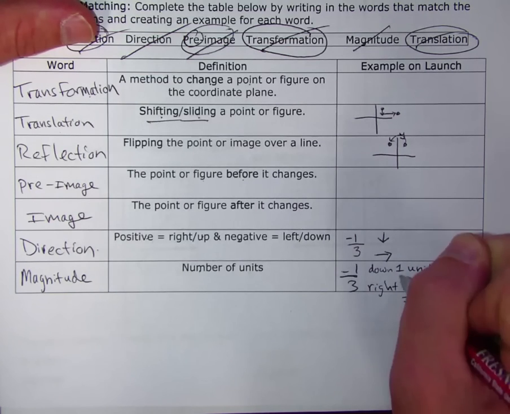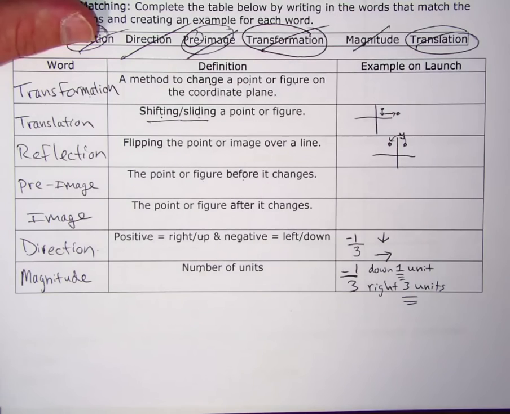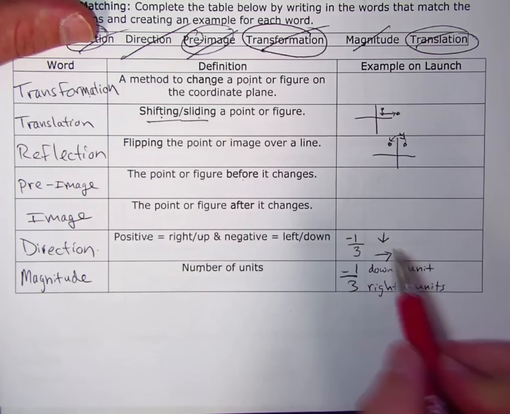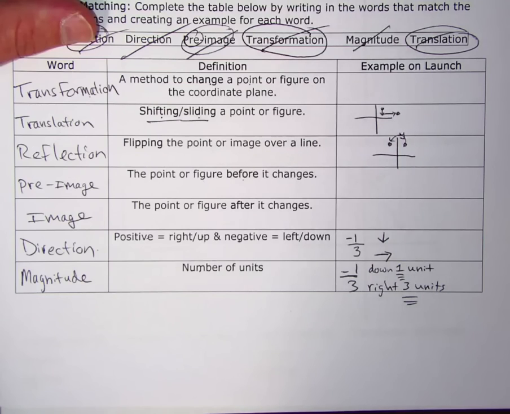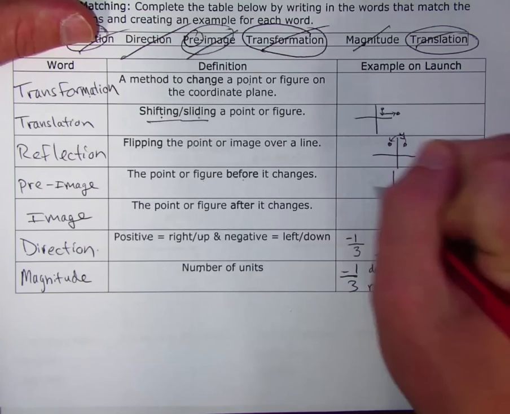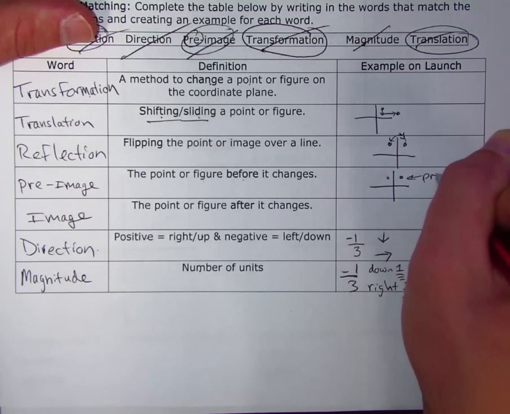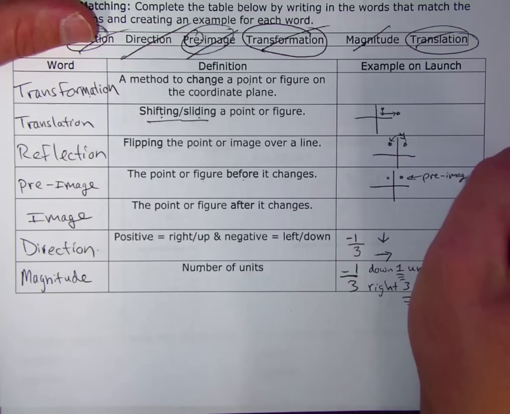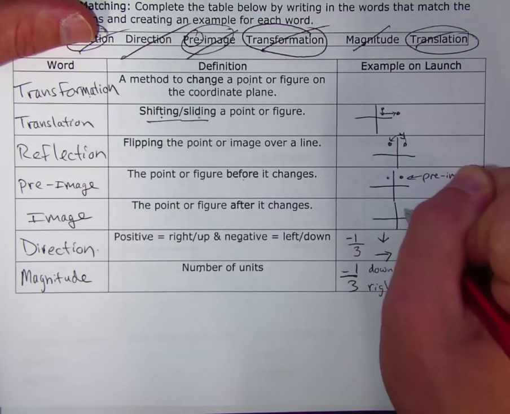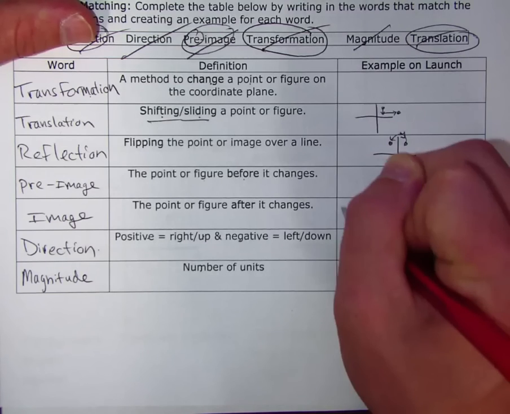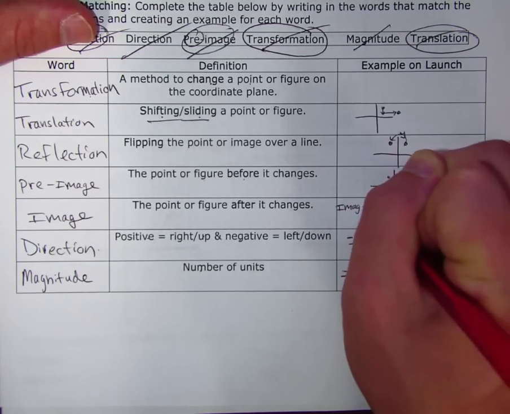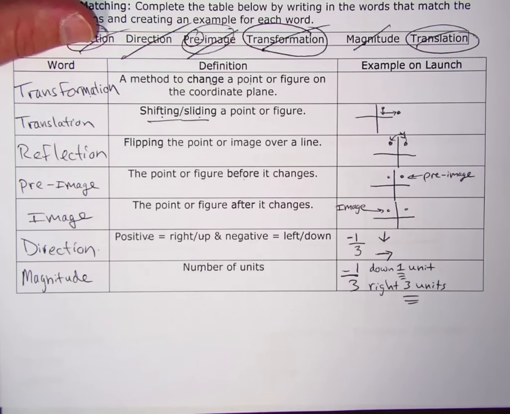The key is the number of spaces you're moving. That's magnitude versus the direction. So pre-image and image, if I stick with this example here, this right here is the pre-image. It's where I start. This is the image. It's where I end up after the transformation.